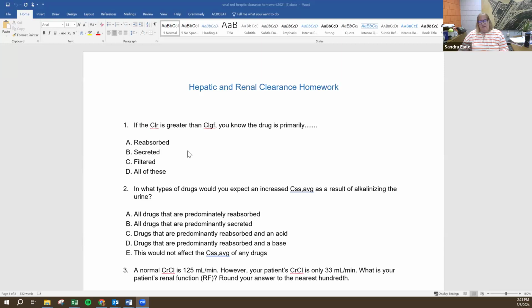So once you know the drug is predominantly secreted, you're going to be looking for other drugs that are cleared by the kidneys and renally secreted, and if you're talking about an acid, you look for another acid, and if you're talking about a base, you look for another base, because those are the ones that are going to compete with your original drug for secretion sites. Because then you've got a love triangle, right?